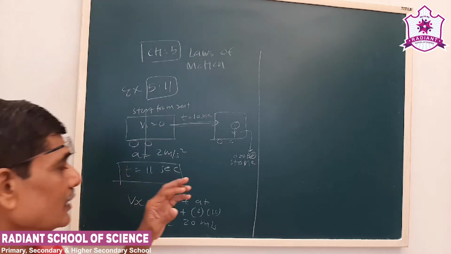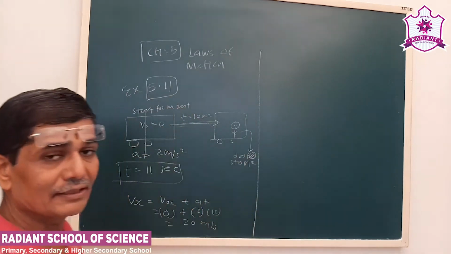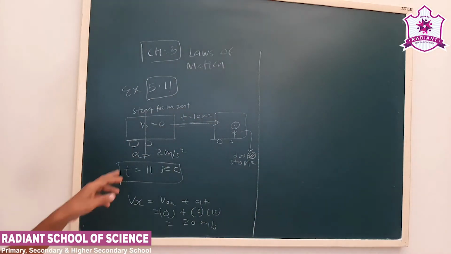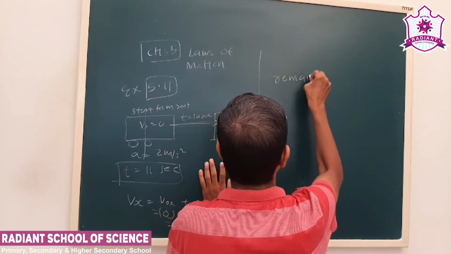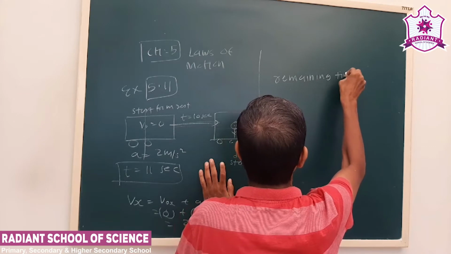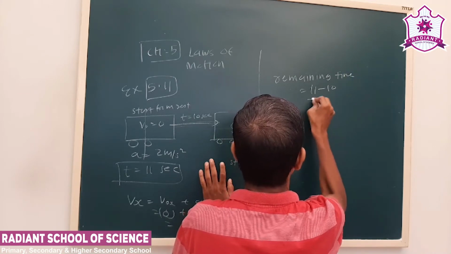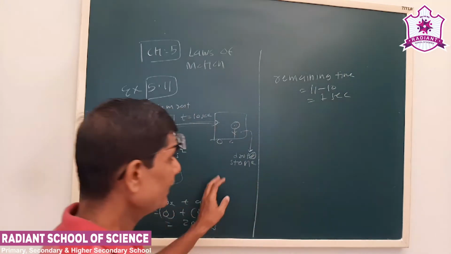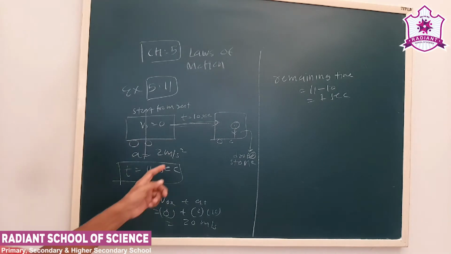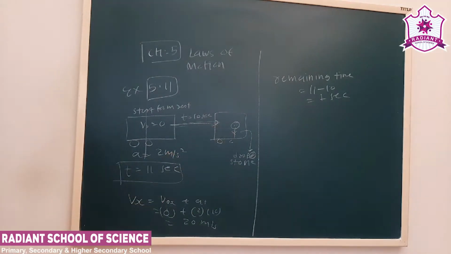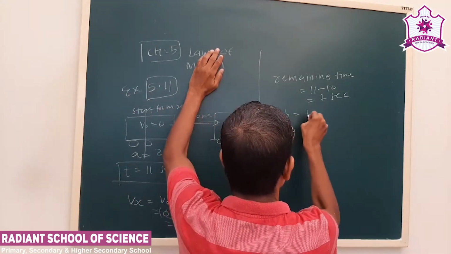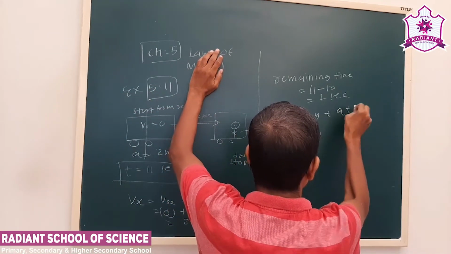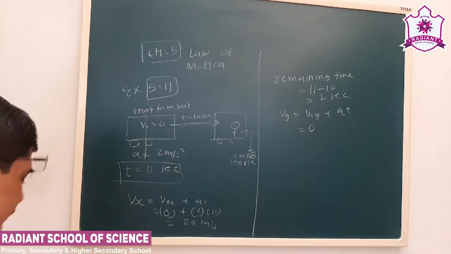Now see, the 11 seconds is the time from t equal to 0. So how much time is remaining? The stone will have a free fall for a time of 1 second. Now vy = v0y + at. v0y is 0.